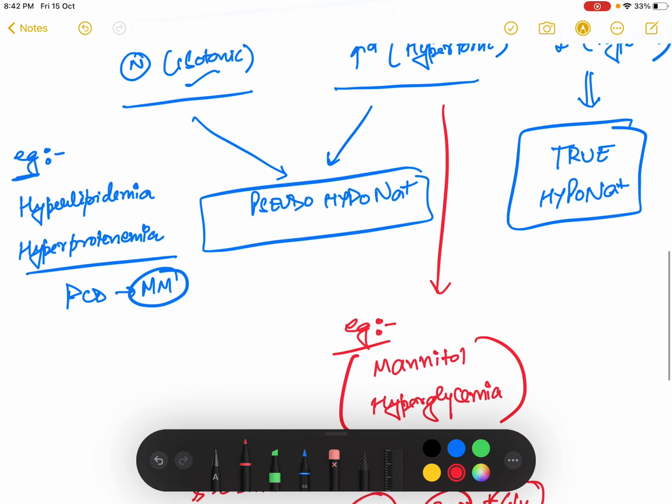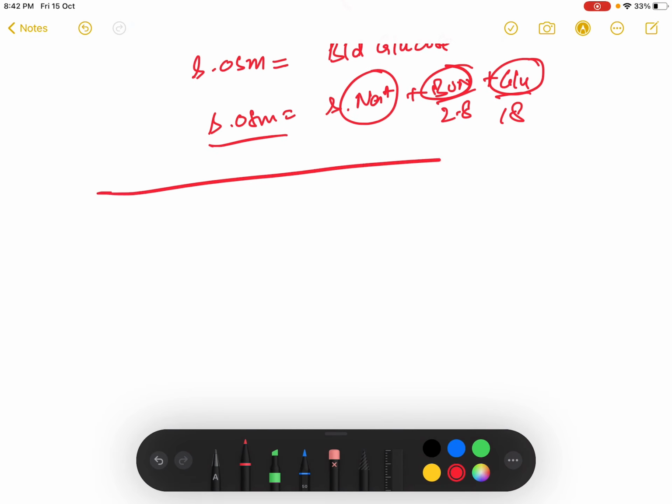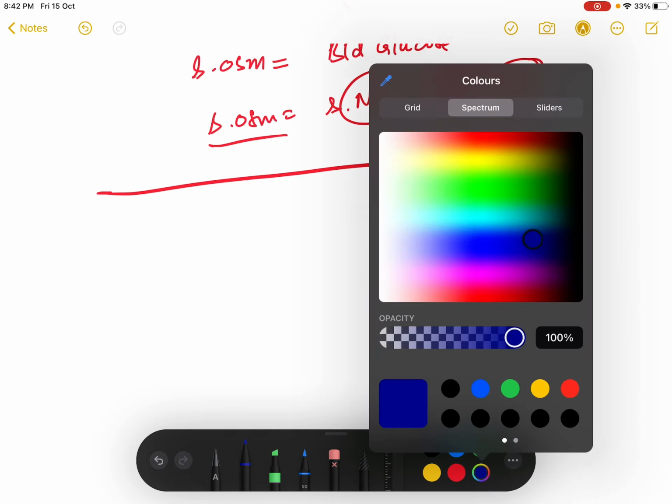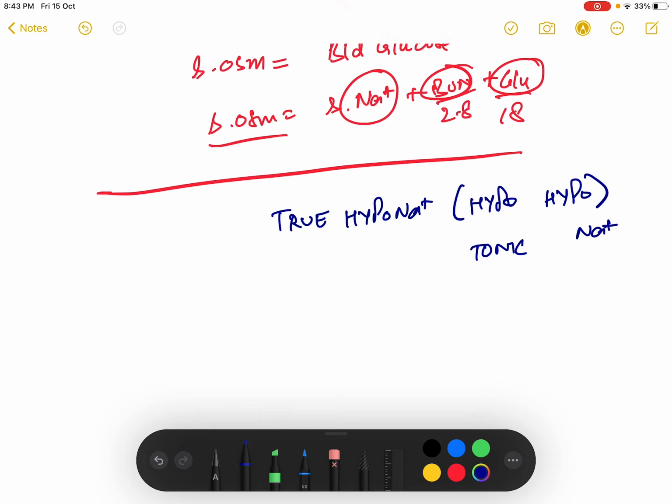Now coming to true hyponatremia. Once we have established that the patient has true hyponatremia, that is hypotonic hyponatremia, always remember, true hyponatremia is hypotonic hyponatremia.